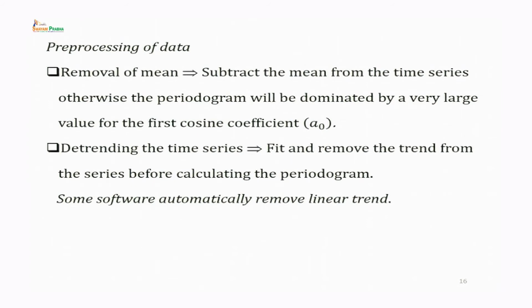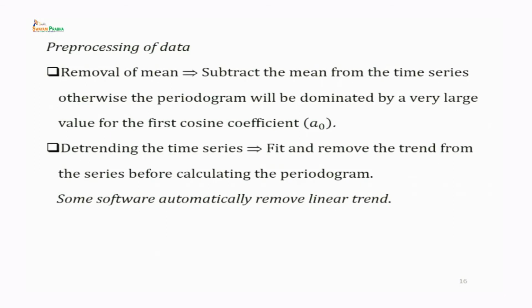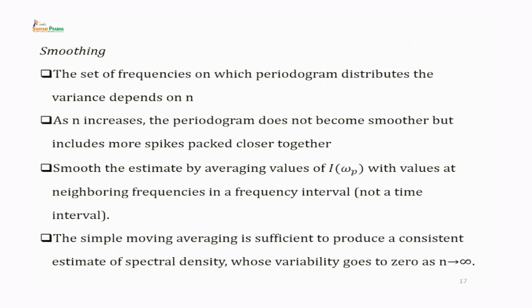If the software does not remove the trend component, or if you suspect that your time series has some non-linear trend, then before proceeding further, you must remove the trend component from the time series. Then smoothing of periodogram. The set of frequencies on which periodogram distributes the variance depends on n. You remember that n is also involved in different frequencies.